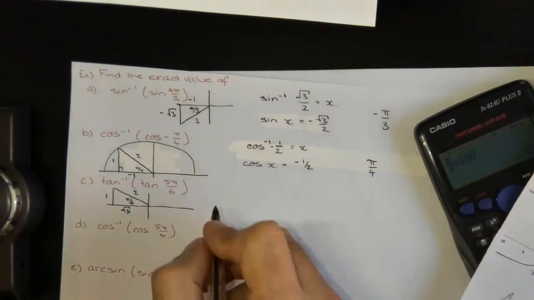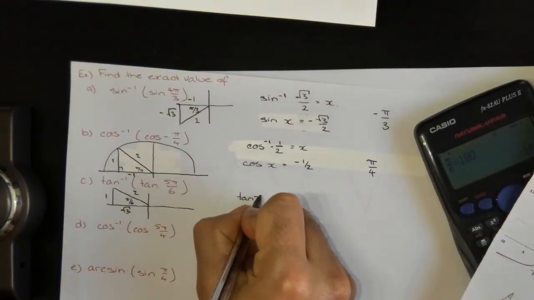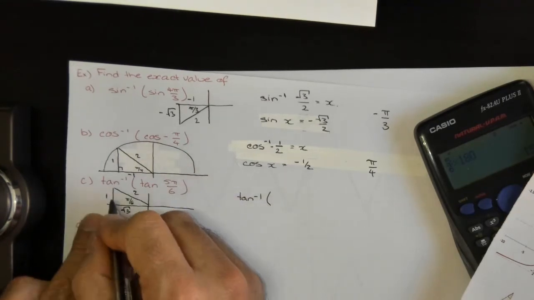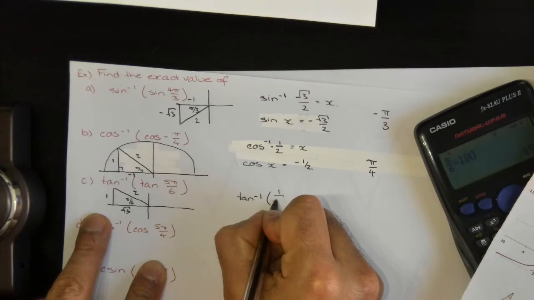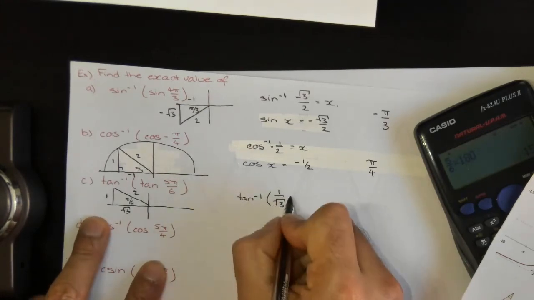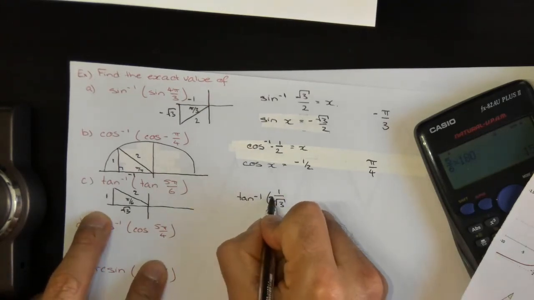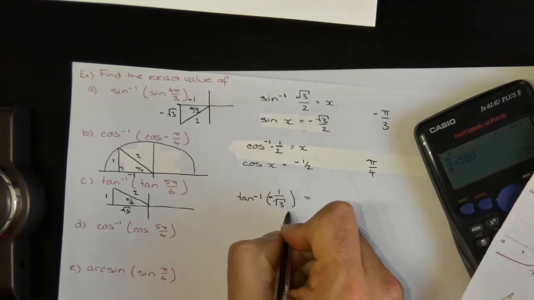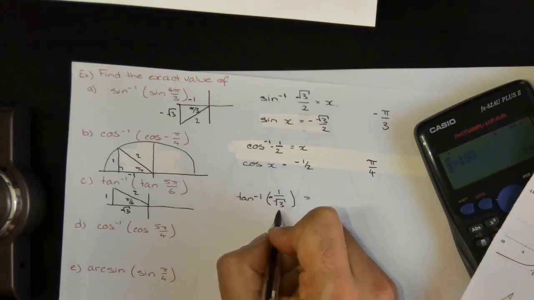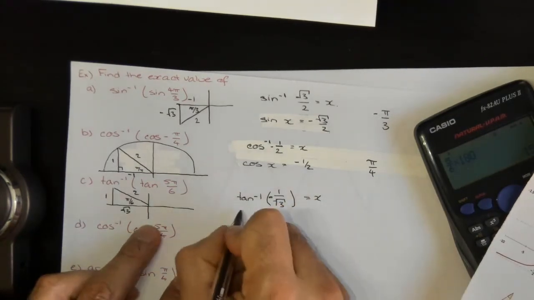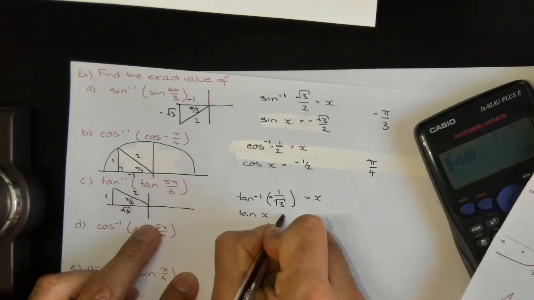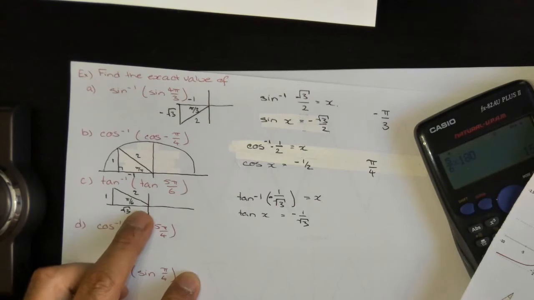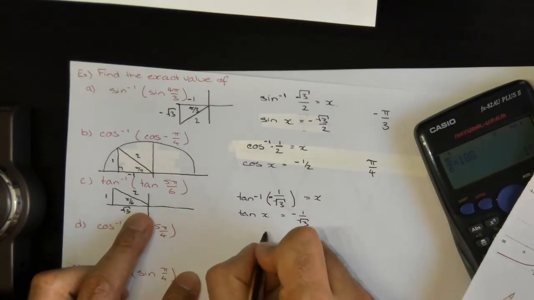Yeah, so we actually get arctan of, so this is tan, so 1 over square root 3. It's negative on this quadrant. So we get, let's make that x. So tan x equals negative 1 over square root 3. Well, that's going to be negative pi on 6.